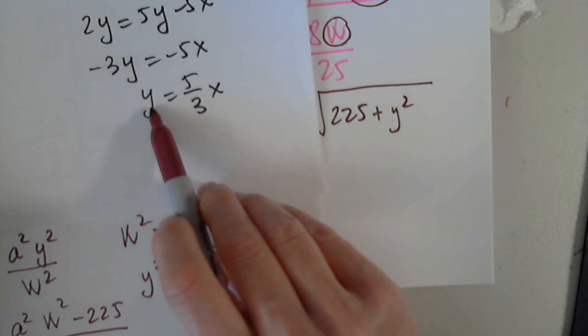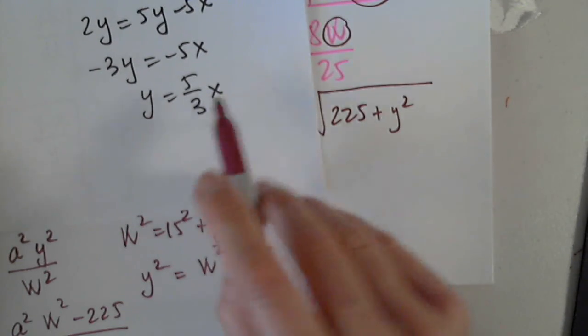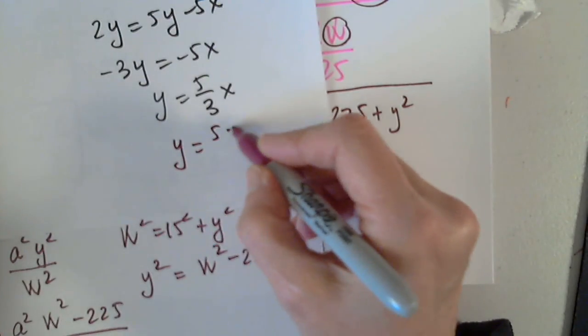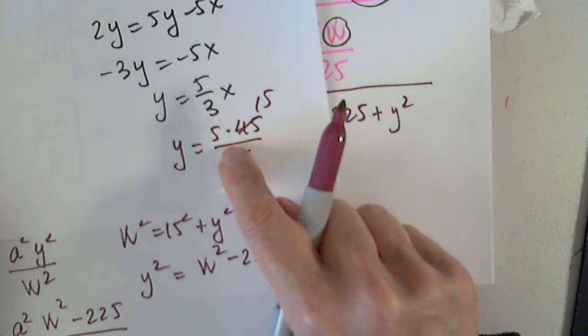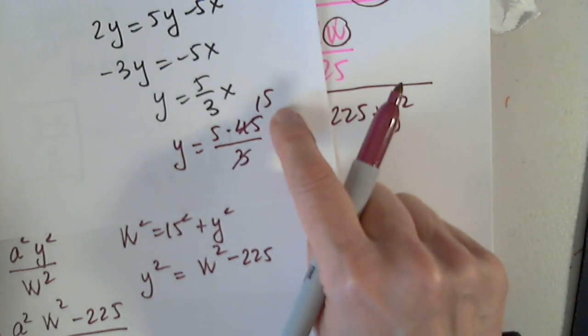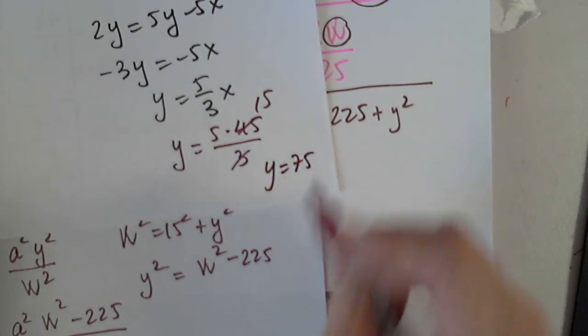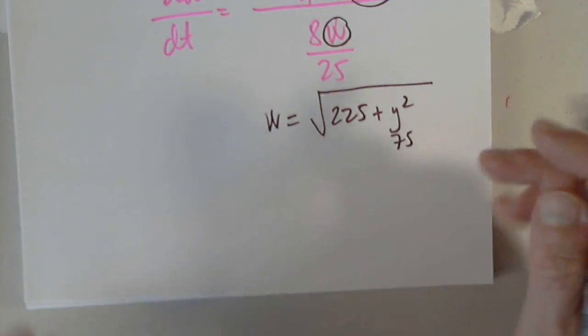Okay, how much is y squared when x is 45? So y equals 5 times 45 over 3, 15. So this is 75. Yes, so 75. Good. So now I have all my calculations ready.